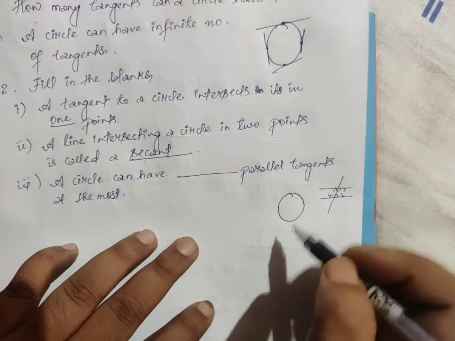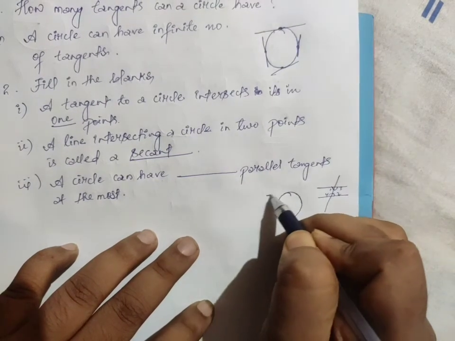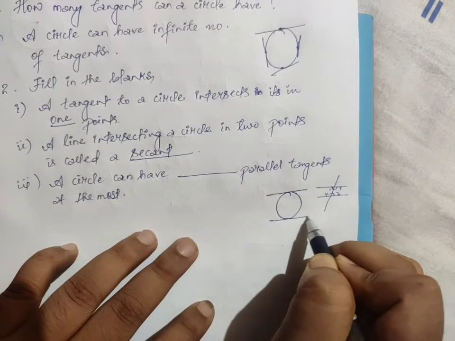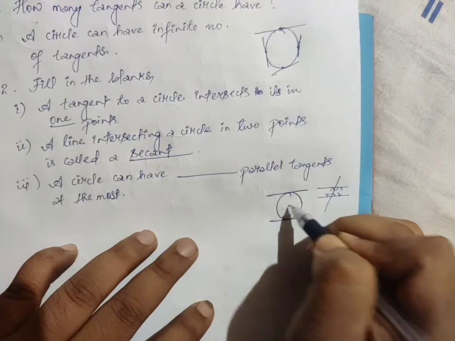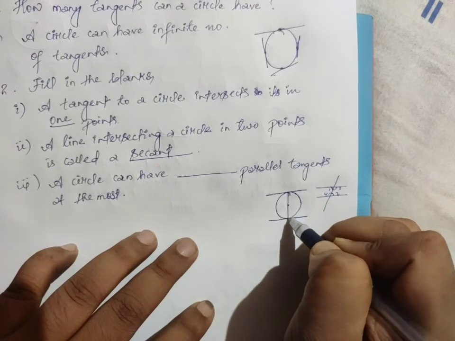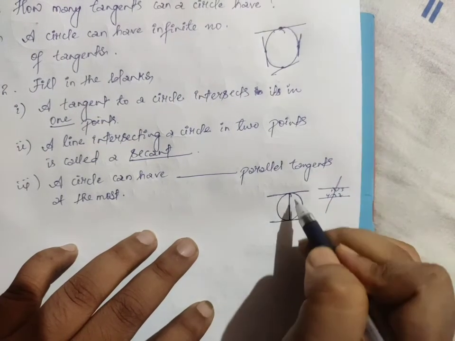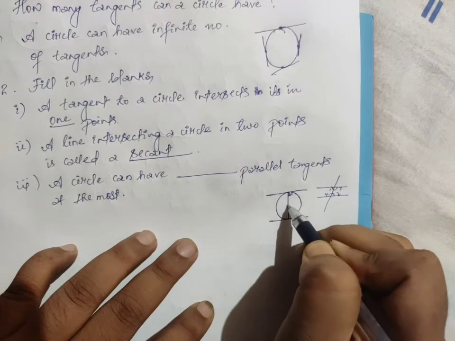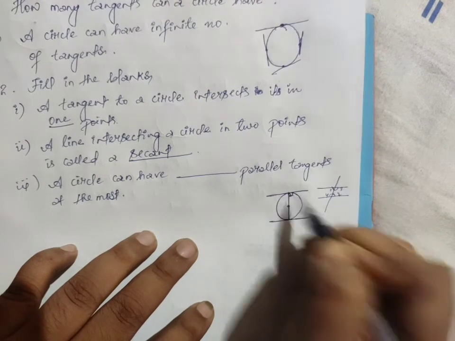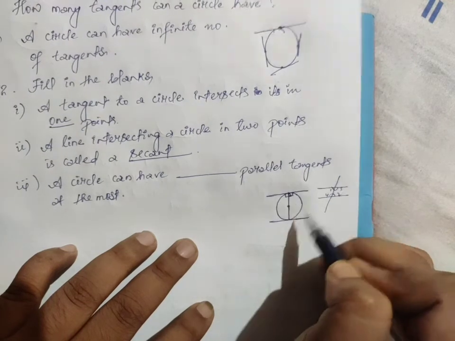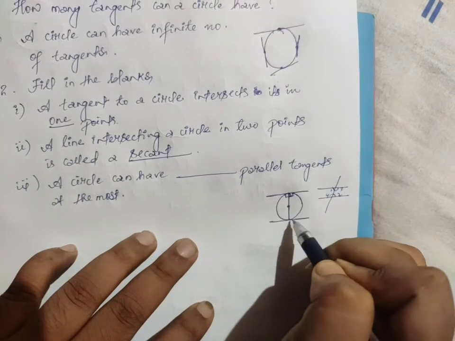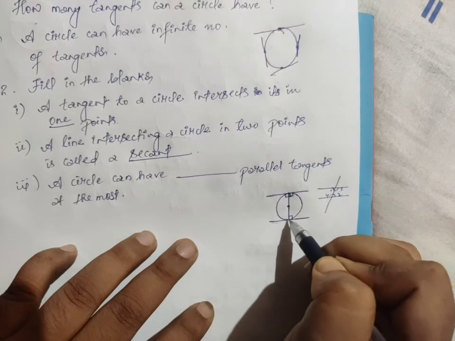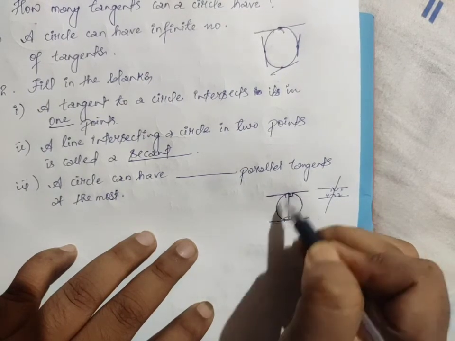So in a circle also, suppose you draw a tangent, and here another tangent, and then this is the diameter of the circle. This is a tangent and a tangent is perpendicular to the radius, right? So this is 90 degree, this will also be 90 degree. Similarly here also, the tangent is perpendicular to the radius, so this is 90 degree and this is also 90 degree.